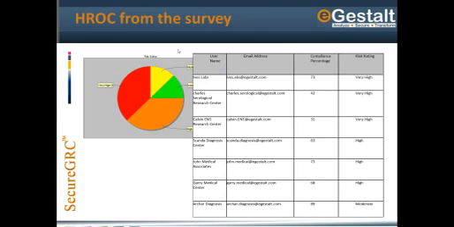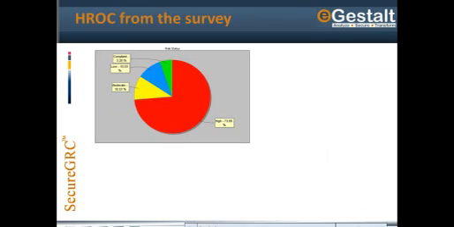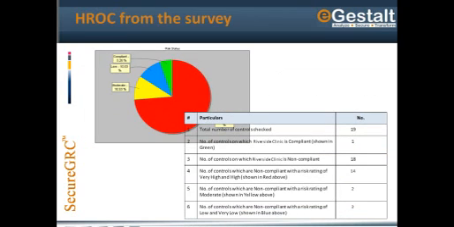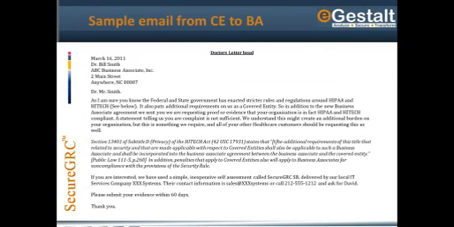Then you have the names, usernames, and email addresses of business associates and vendors that are compliant and what the status is. And then you can also get a complete view of how many controls were implemented by which vendor. So essentially you have a complete view of the compliance status through that 20-question survey.